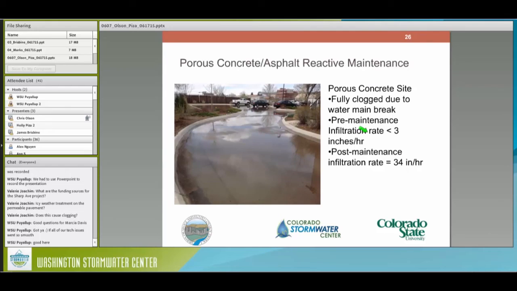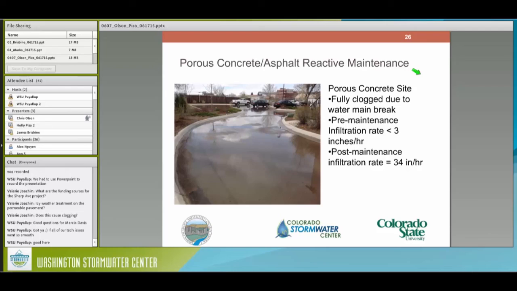Not too long after Holly figured that out, we had a porous concrete site in Fort Collins that was about 6 or 7 years old and was operating very well, still had a very high infiltration rate, but then we experienced a water main break within the parking lot, and it sent a whole bunch of water and sediment directly into the parking lot, and in 12 hours created a completely clogged porous concrete site.